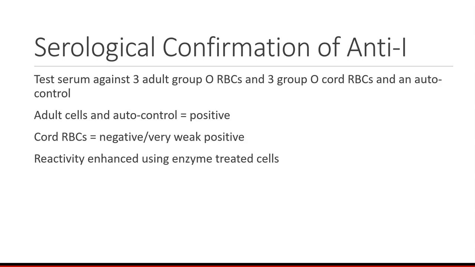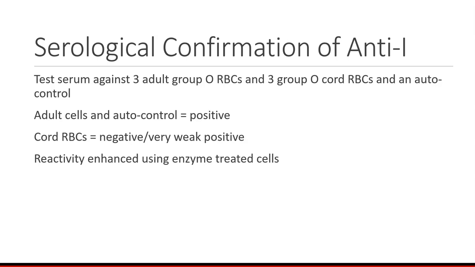What you're going to expect is the adult cells, because they have the Big I antigen, and the autocontrol, because the patient has the Big I antigen, will be positive. The cord cells, they're either going to be negative or very weak positive. You have those overachieving babies that have already started that conversion from little i to Big I.